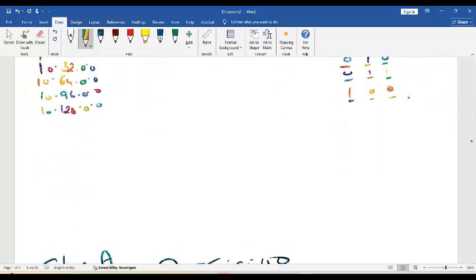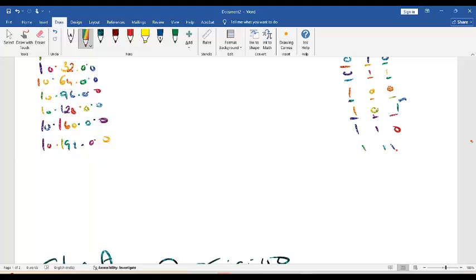Next, 101, which means 128 plus 32, which is 160. Next, 110, 10.192.0.0.